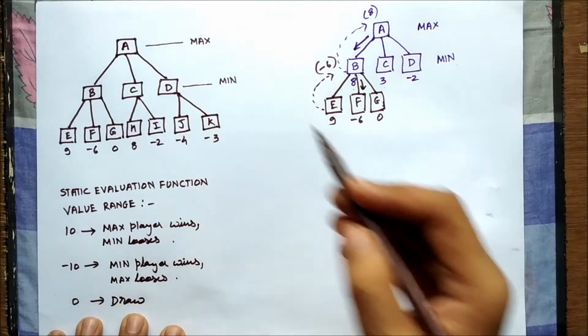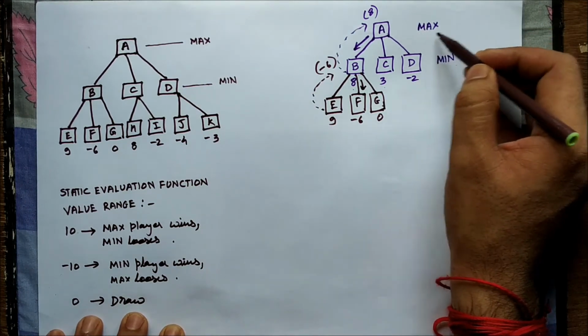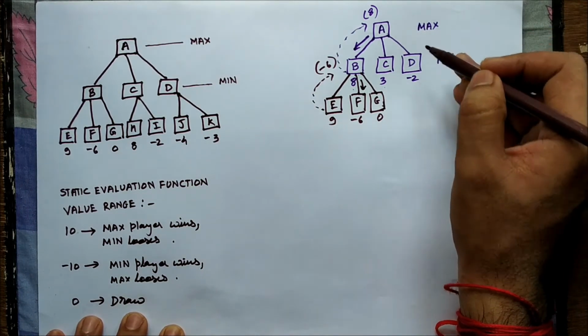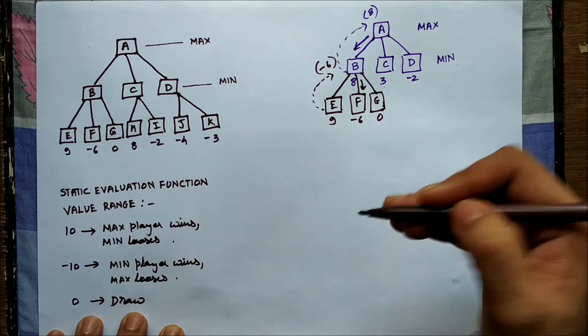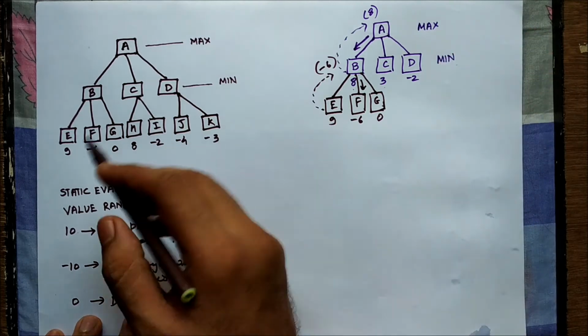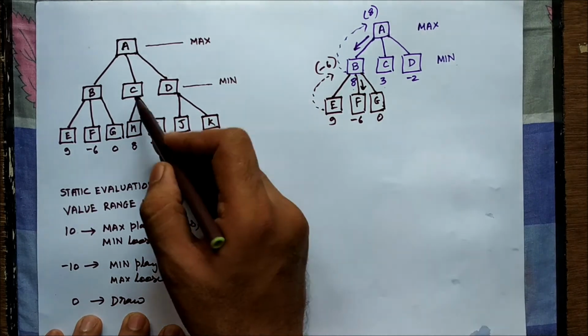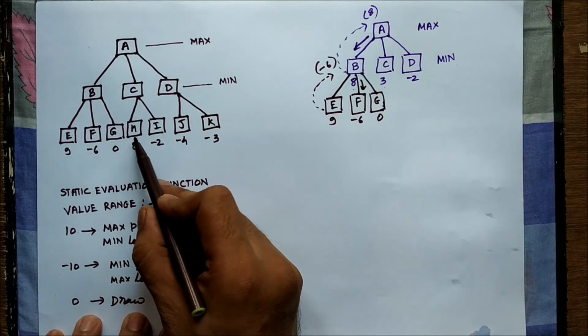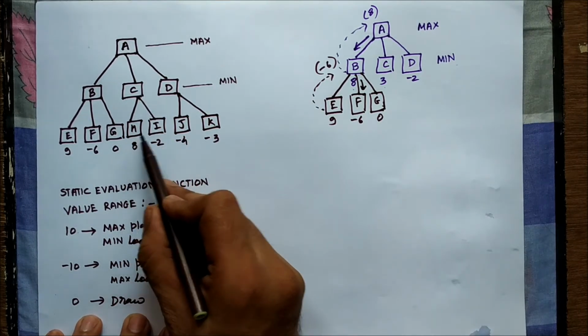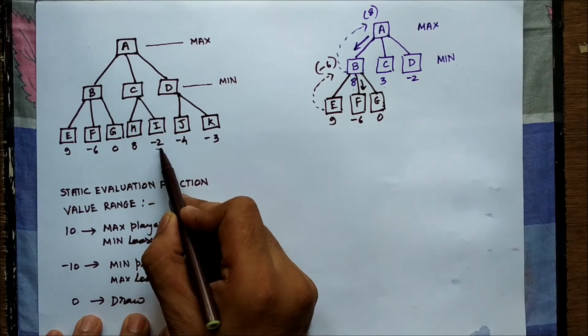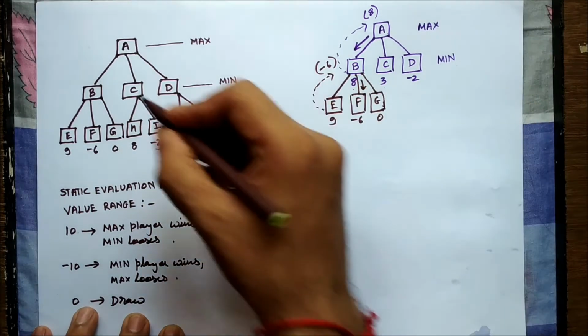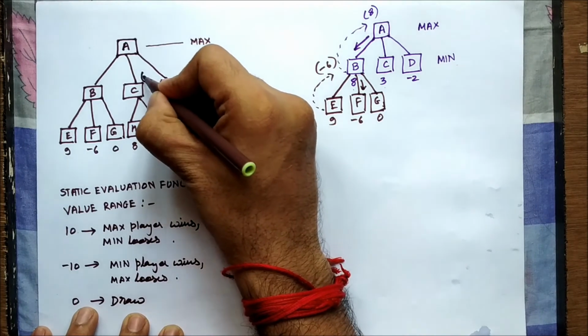If the max player here had foreseen one step in advance, what would have happened? For node C, it would have realized that the min player at C would have chosen H, and out of H and I, it would have chosen -2, correct? So the backup value it would have got here is -2.